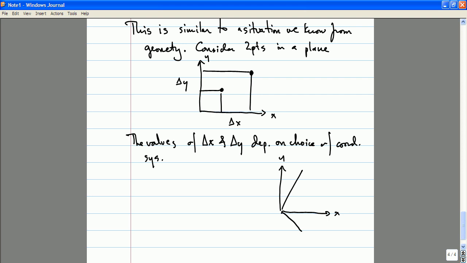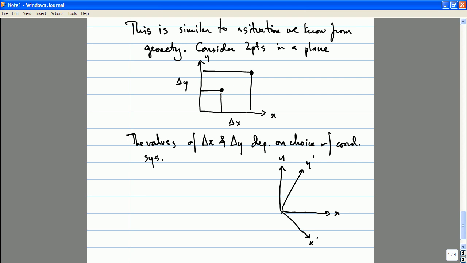Let's call them x prime and y prime. And I could try measuring the x and y separations, delta x prime and delta y prime, in this new coordinate system. And of course, the values of delta x prime and delta y prime will not be equal to the values of delta x and delta y, but instead they would be related in some way.